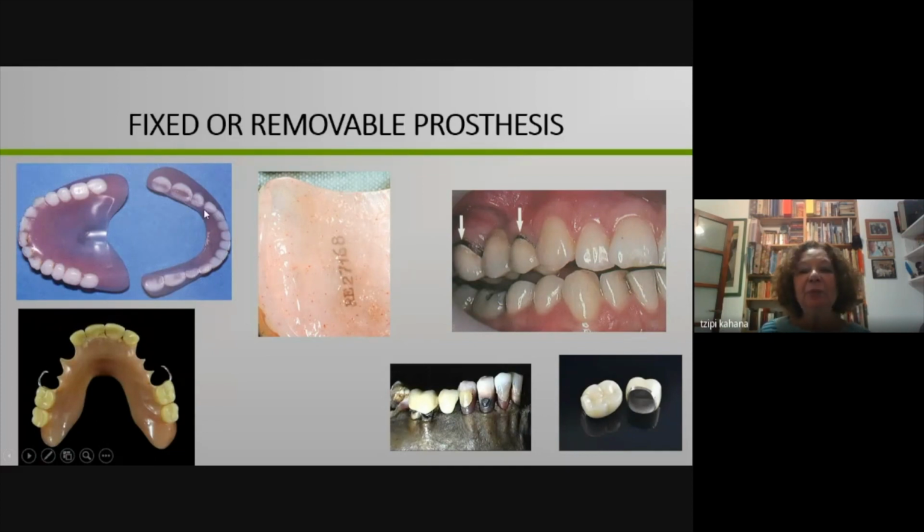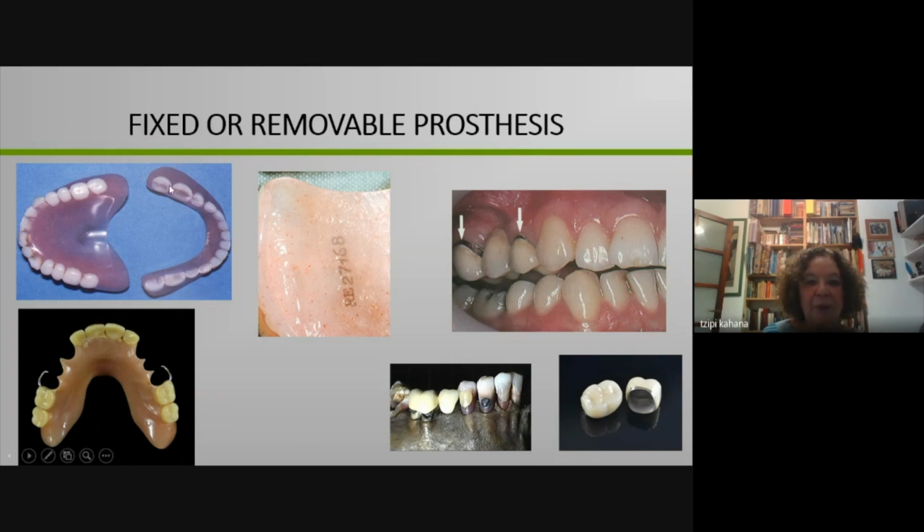And then we have the removable prostheses that can be complete or partial. Partial means that there are some teeth in the mouth, and this person just puts the prosthesis on and off with some hooks. There are different forms of attachment to the teeth that remain.